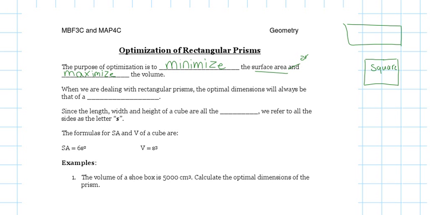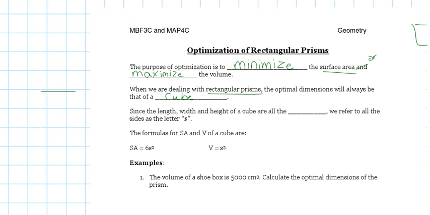So when we are dealing with this, it will always be that of a cube. So if I'm looking at a cube, all the sides in a cube are equal, right?